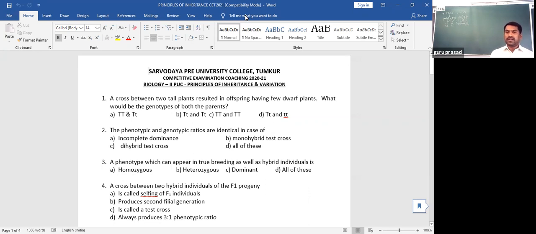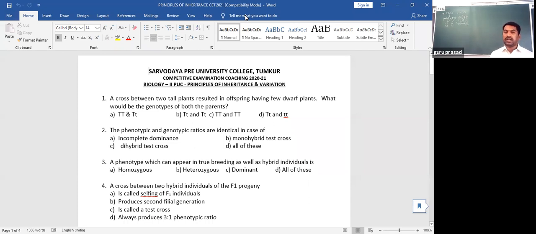When a red color flower of the snapdragon plant is crossed with a white color flower, this is the parental, contrasting character we took for incomplete dominance. Basically, as per Mendel, one of the characters, the dominant character, should appear in the F1 generation. But here, such things won't happen. There is an expression of both the genes. That's why it is called incomplete dominance.